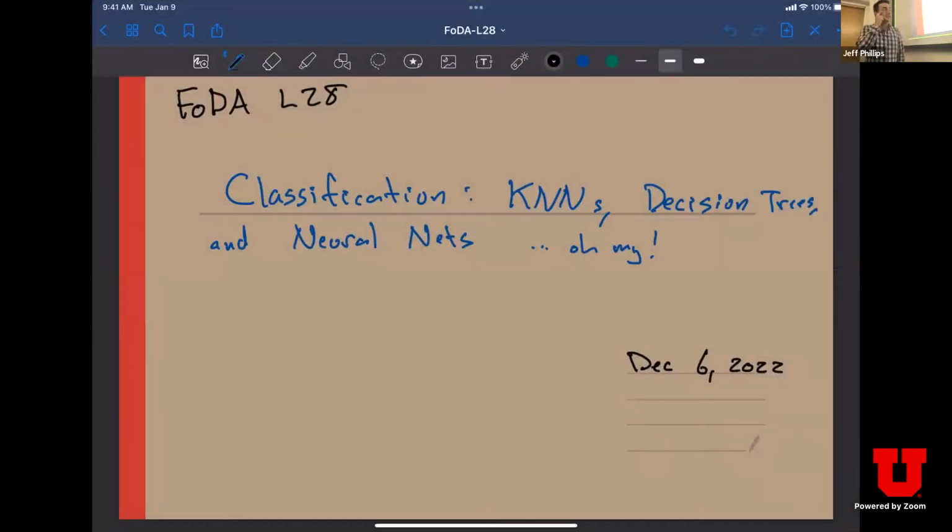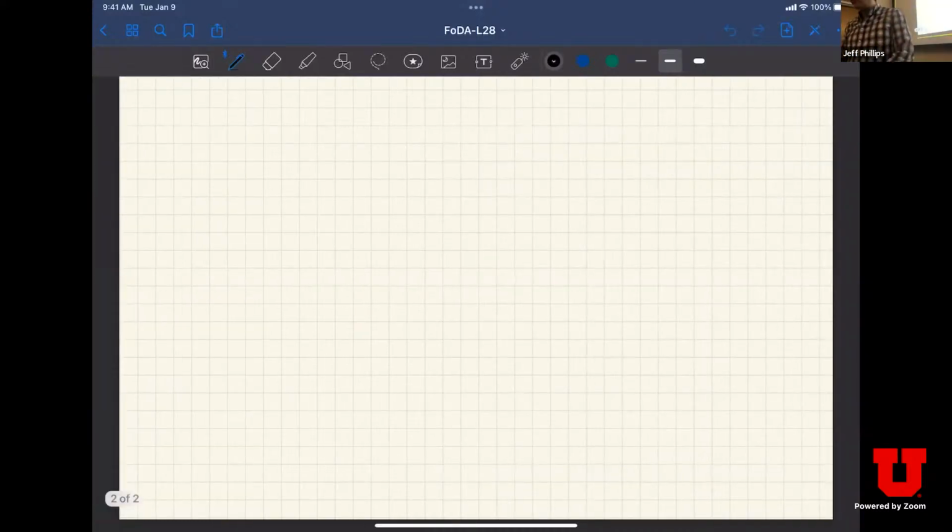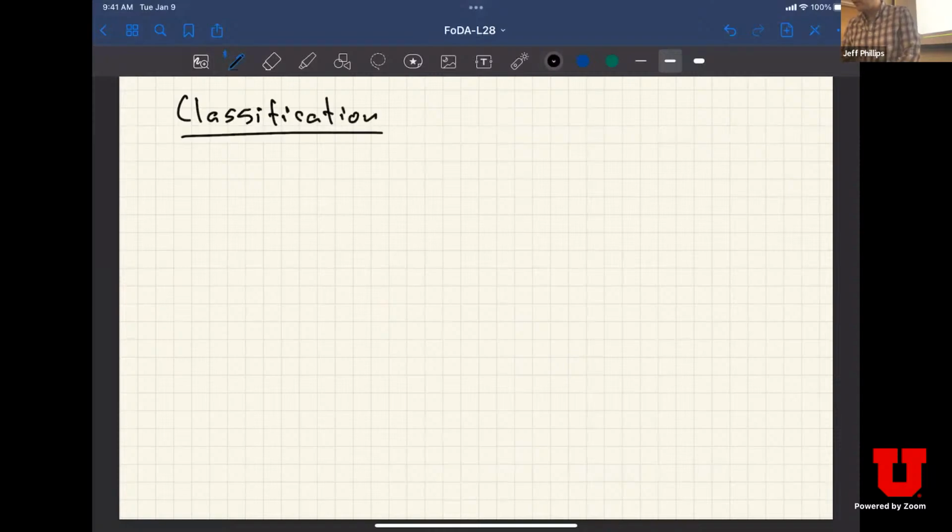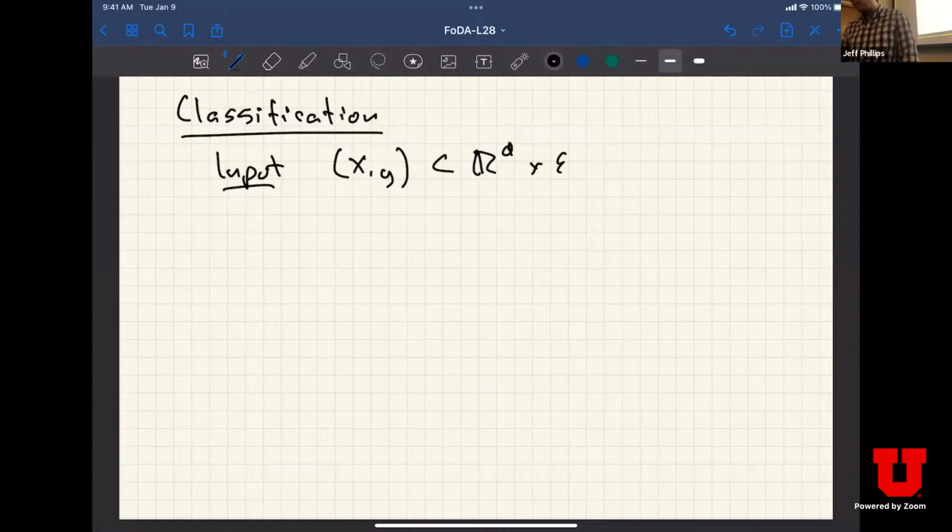All right. So we're looking at classification, just to remind. The input is going to be X, Y, a subset of R^d cross {-1, +1}.